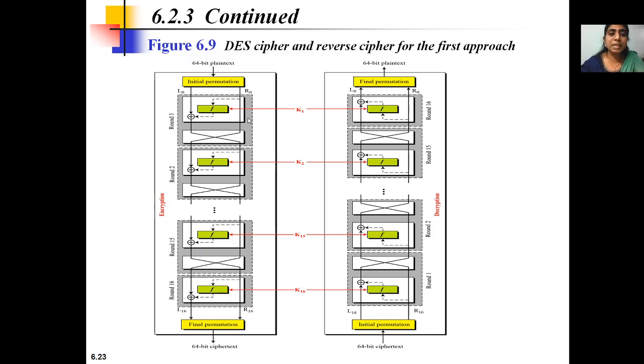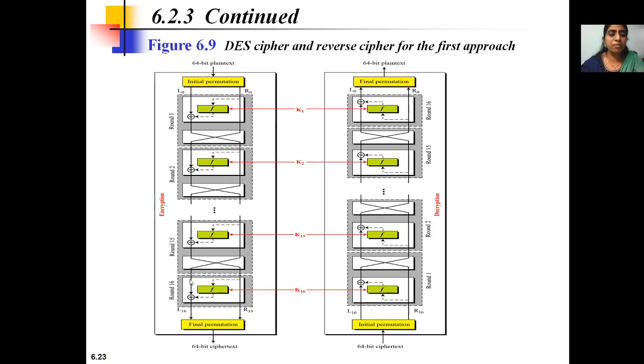So let us see how the cipher and the reverse cipher of the first approach are performed. First the 64-bit plain text, then we perform the initial permutation, then we take the left side bits and the right side bits, do the function on the right side, then XOR with the left side bits, and this is taken as the right bits for the next round, and the right side bits are taken directly as the left bits for the next round.